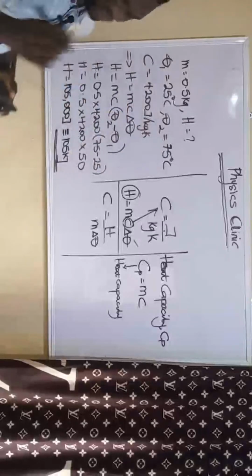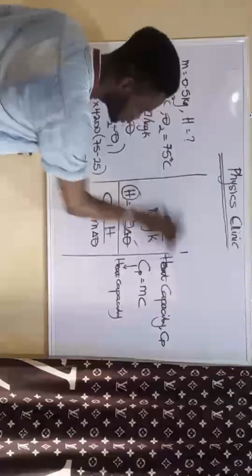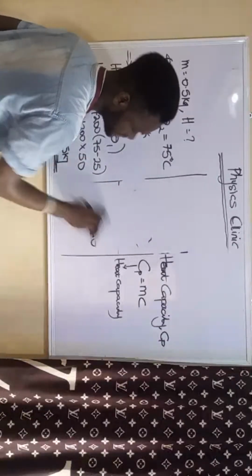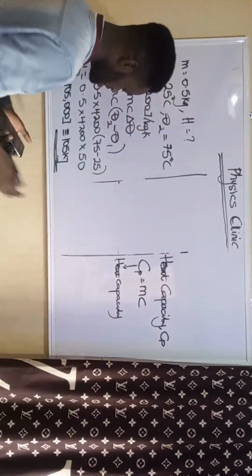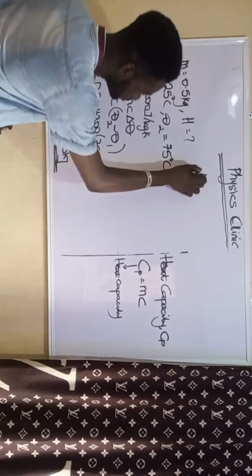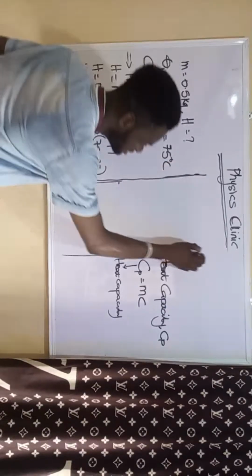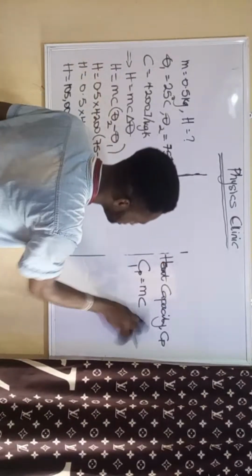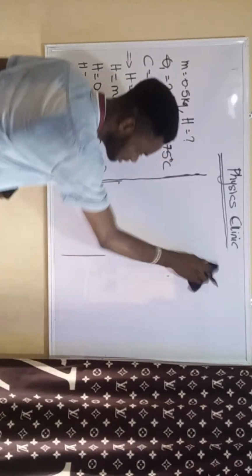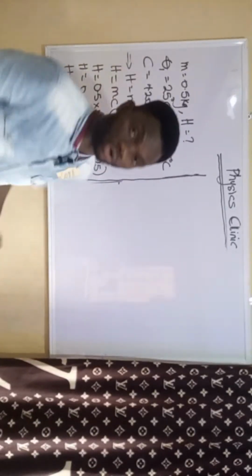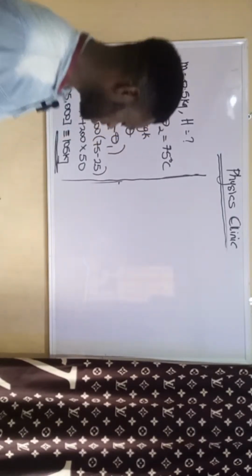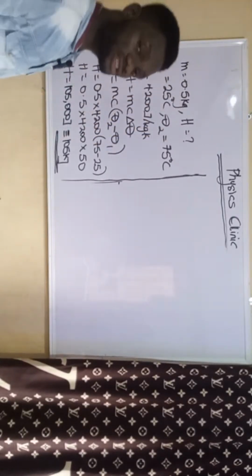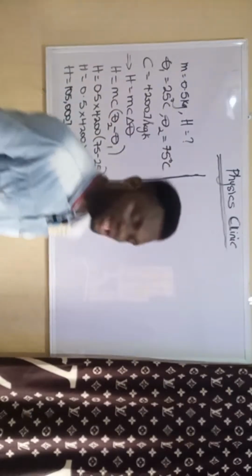Now, from our last class also, I think I mentioned that heat, being a form of energy just like every other form of energy, can neither be created nor destroyed, but can be transformed from one form to another. Electrical energy can be converted to mechanical energy. Mechanical energy can be converted to chemical energy.